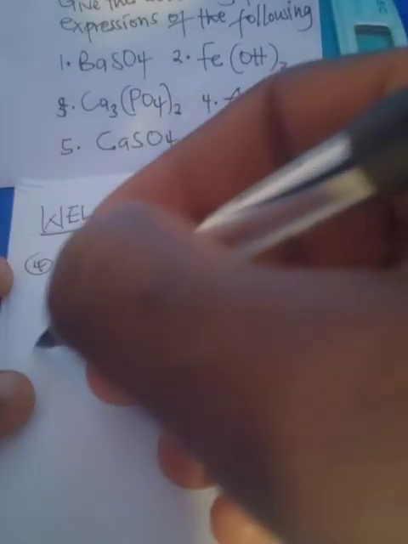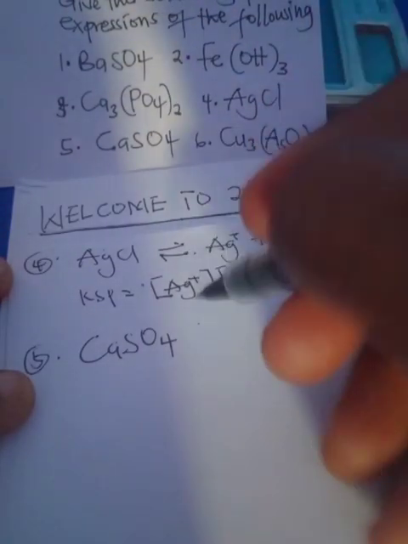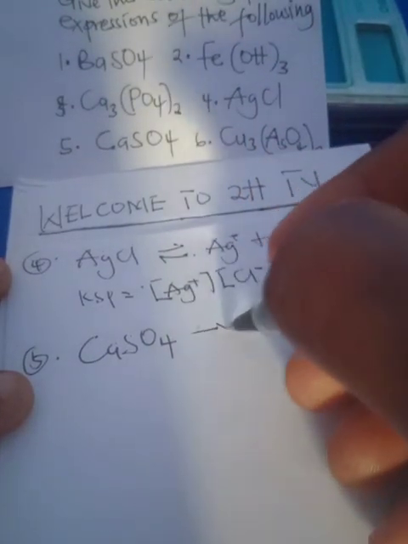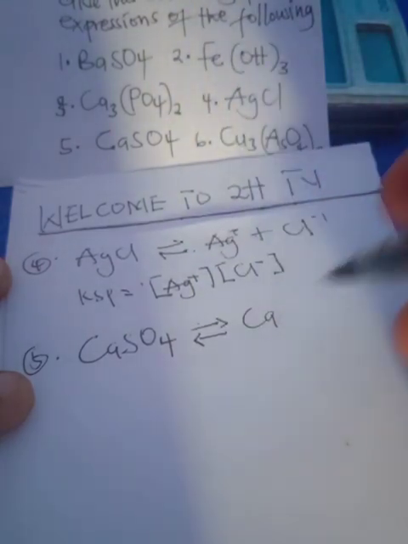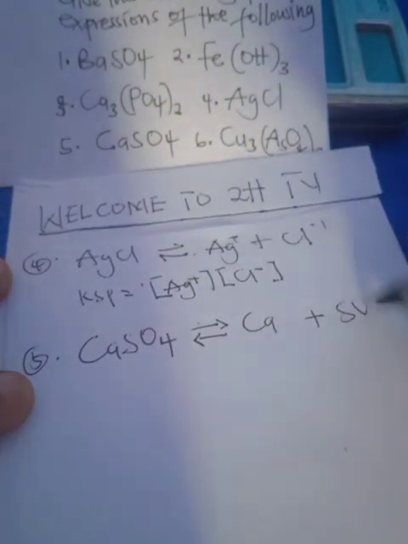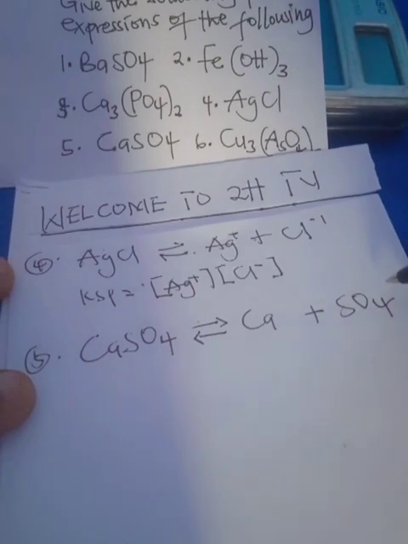Let's look at question 5. Question 5, we have CaSO4, right? Then we dissociate this to produce Ca ions and SO4 ions, right? But we know that calcium is having a charge of +2, so definitely SO4 will have a charge of -2.